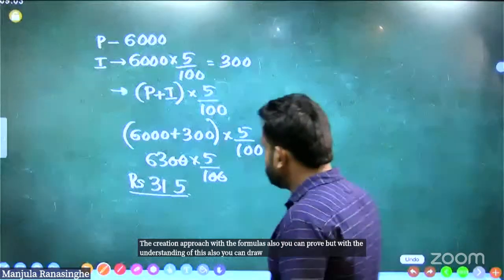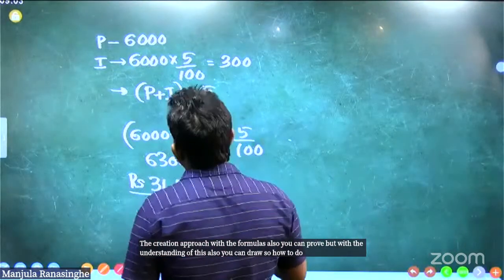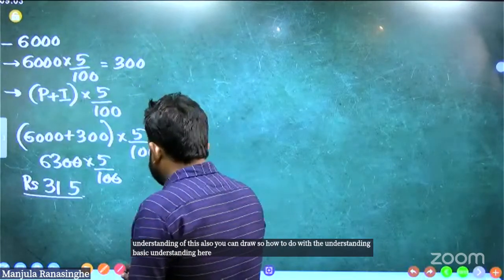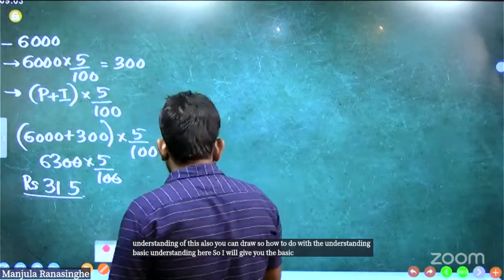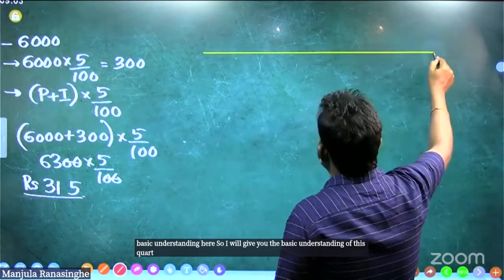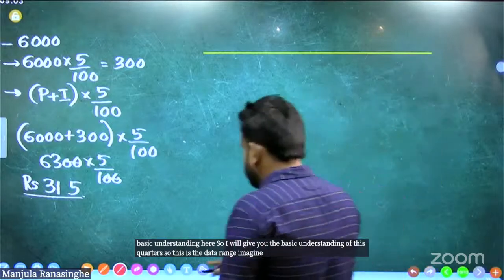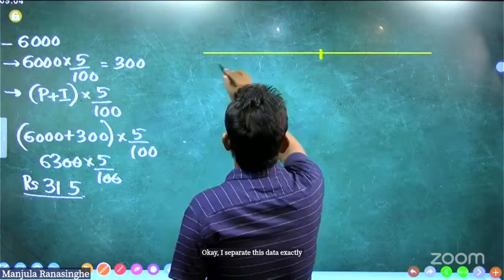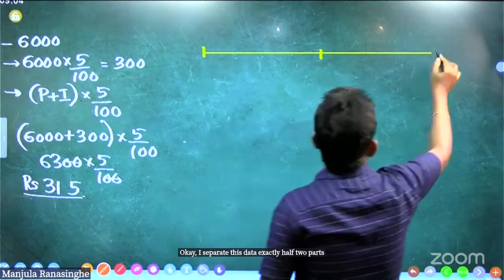So I will give you the basic understanding of quartiles. This is the data range. Imagine I separate this data exactly into two halves.